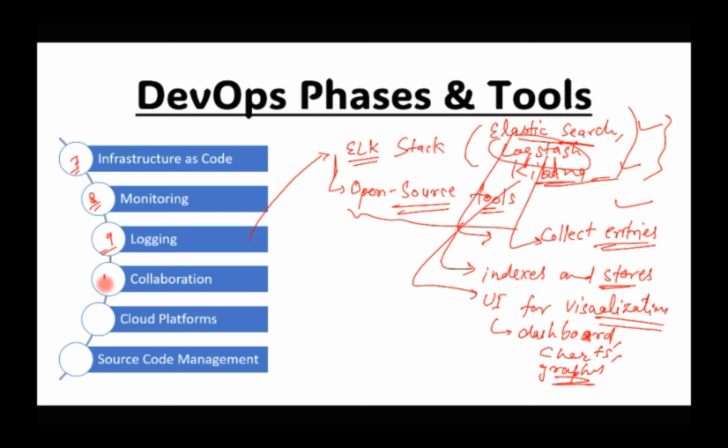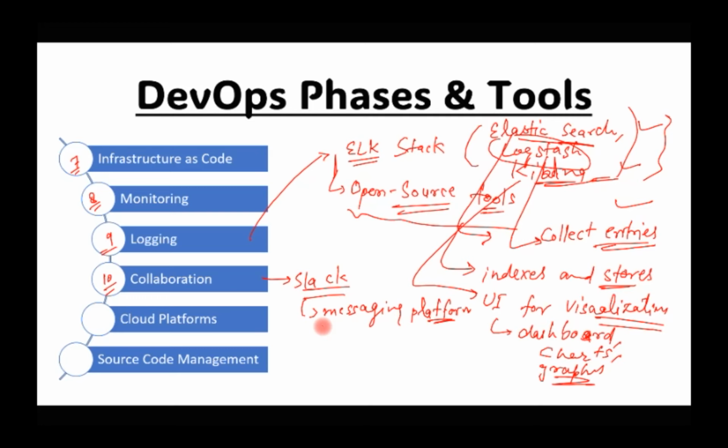Now we have the next phase, that is collaboration. As you know, in DevOps, collaboration is very important between different teams like developers and operations. So we have a tool called Slack. It's a messaging platform used by teams for communication and collaboration. Team members can create channels for specific projects or topics.